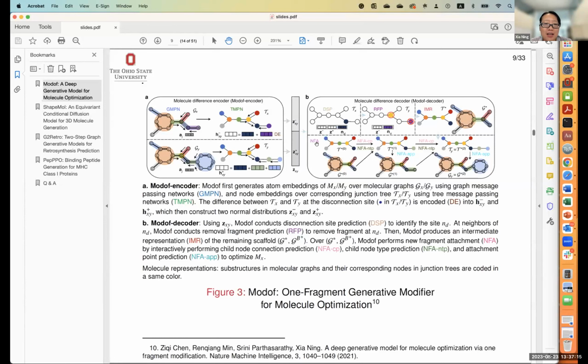As for chemically impossible suggestions, I would say not explicitly, but our encoder is learned from the data. So we believe that whether something is chemically possible or not has been encoded in the data.